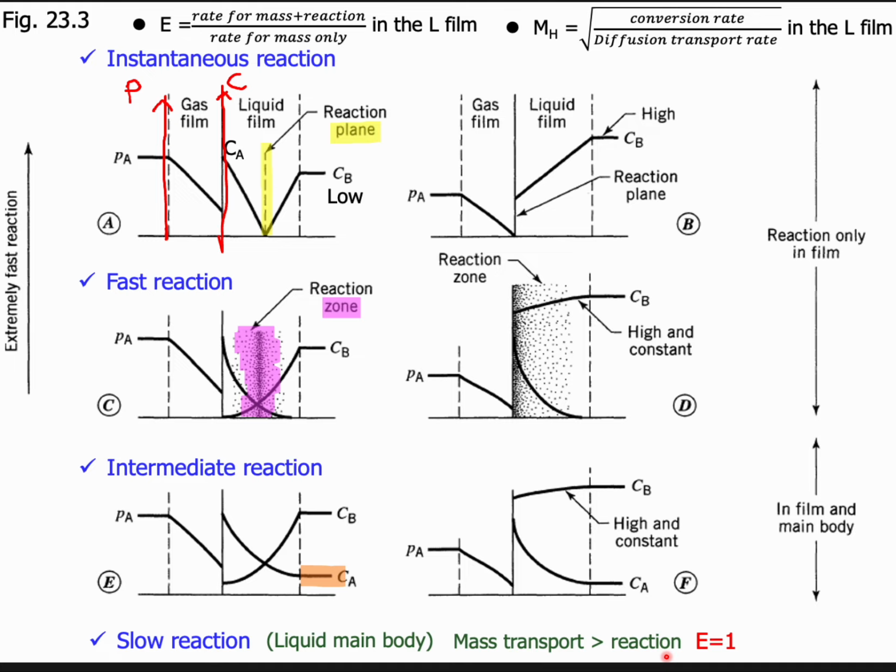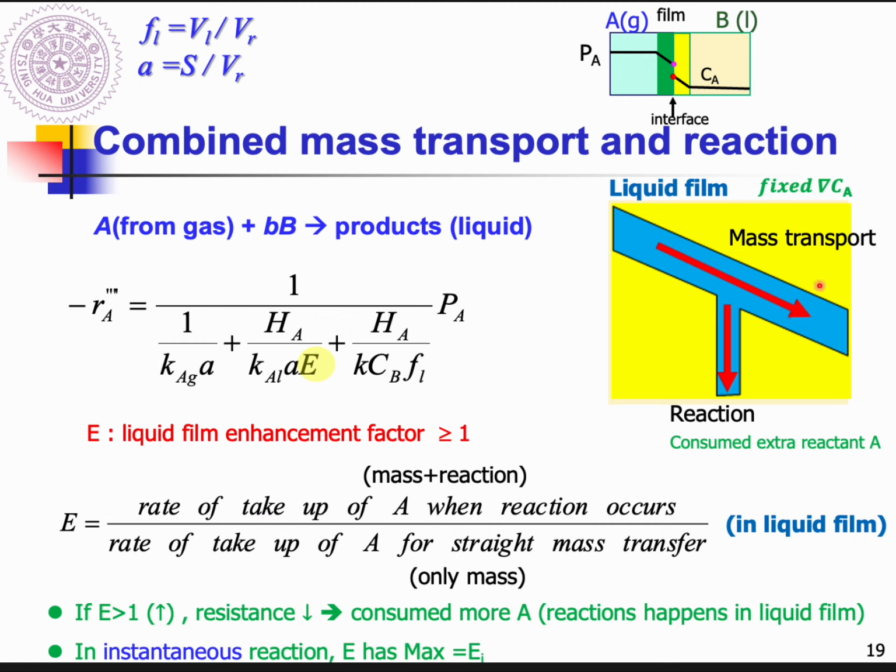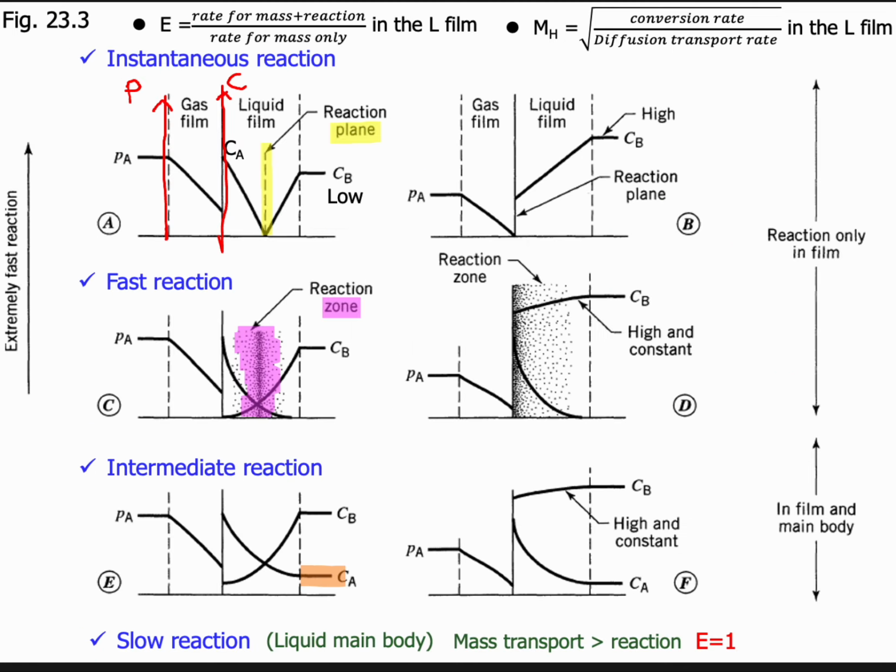But for a heterogeneous chemical reaction, when the chemical reaction slows down to a slow reaction, it also implies that transport is very fast, and all chemical reactions happen in the bulk liquid, so E equals 1. Because in the film layer, there are no chemical reactions. When there are no chemical reactions, E equals 1. Okay? So we end here.